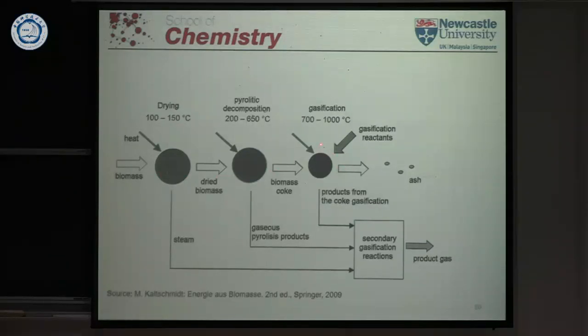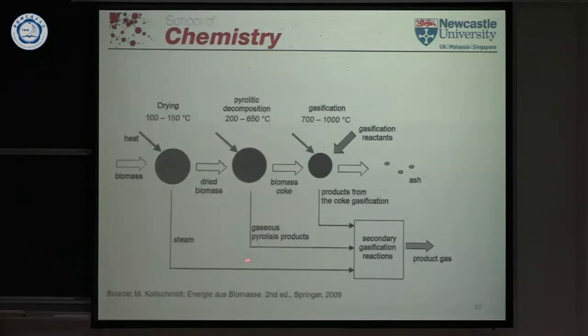What's shown here is the gasification process of biomass. And we will come to the aspect of biomass a little later, where I show you some other possibilities. Here you see when you start with biomass, typically you need to dry it, and then you have a pyrolysis. Pyrolysis means at high temperature you have a decomposition of the material, and here that would be the temperature for it, and then you do a gasification of what's called the biomass coke.